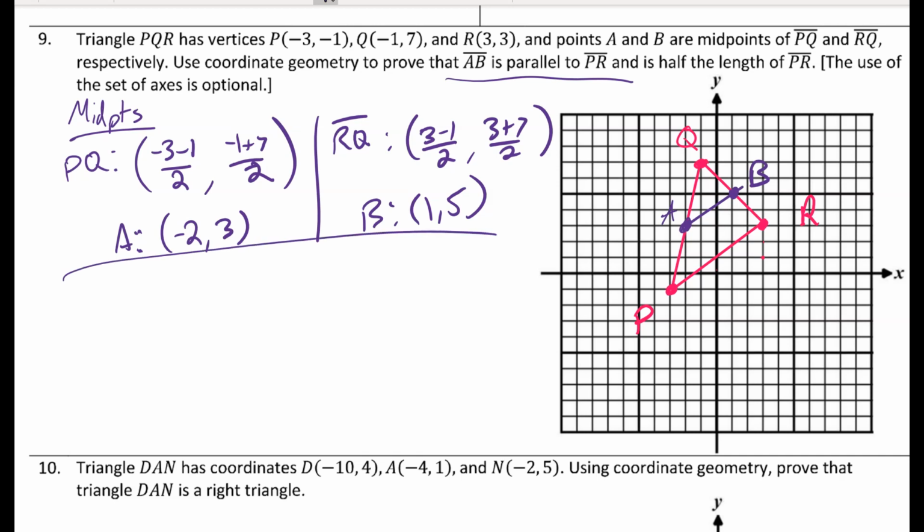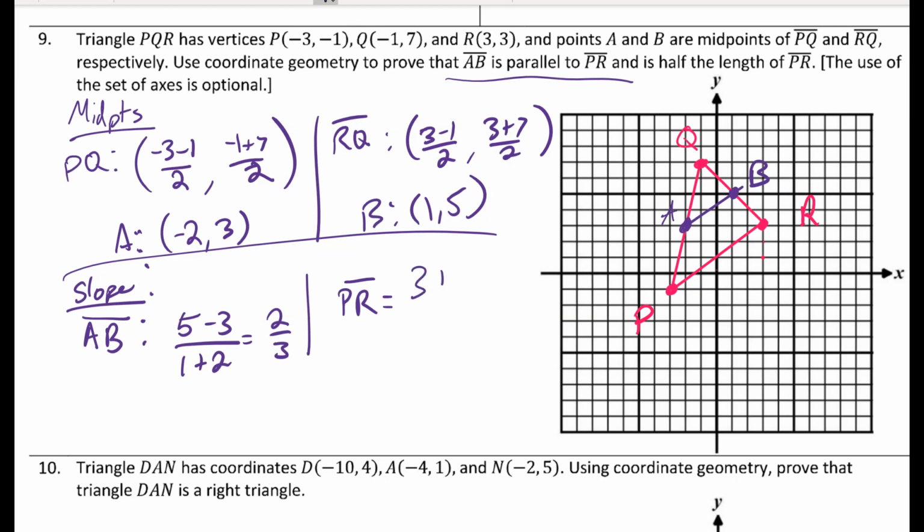Well, how do I prove two things are parallel? I prove that they have the same slope. So that's what I'm going to do here. I'm going to find the slope of AB. So that's 5 minus 3 over 1 plus 2, which is 2/3. Now, if these are in fact parallel, I should get 2/3 when I find the slope of PR.